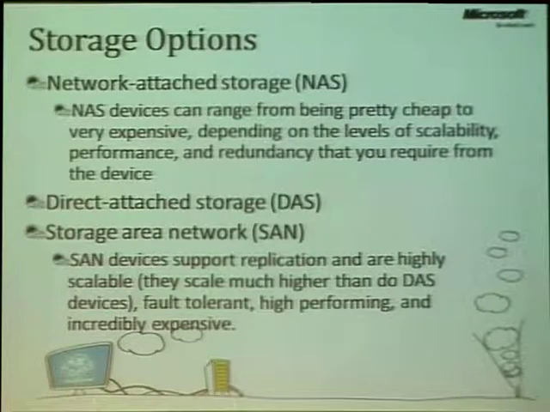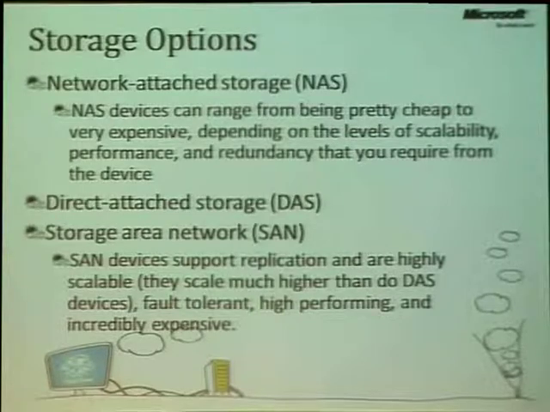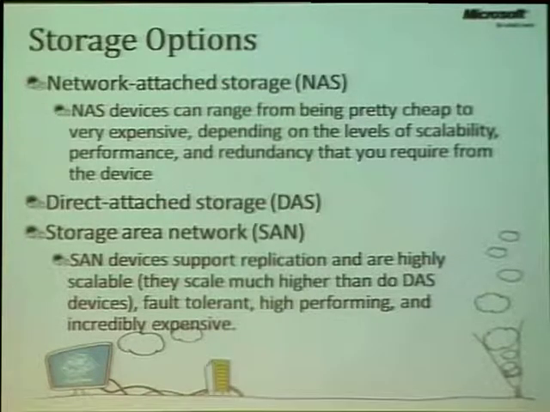Network attached storage is the same and varies from expensive to cheap. With direct attached storage, you attach the disk directly to the server and write files to it, but this is not a cheap solution either; it is very expensive. A storage area network provides everything, but at the end of the day, it is not cheap.